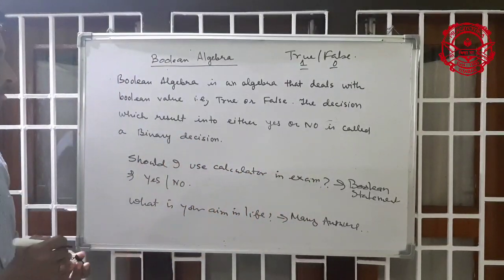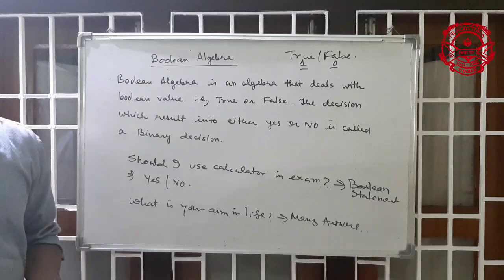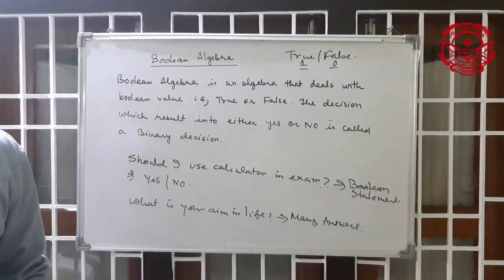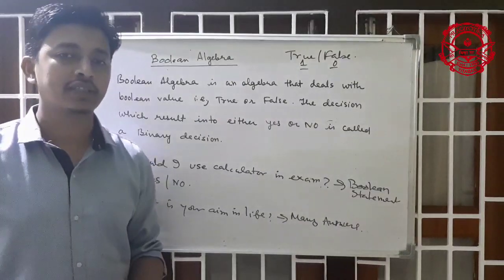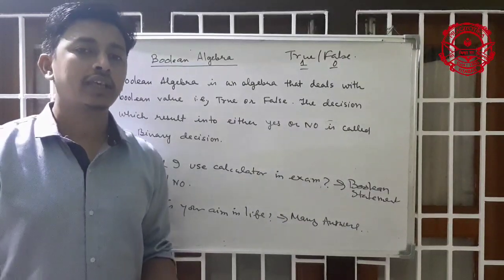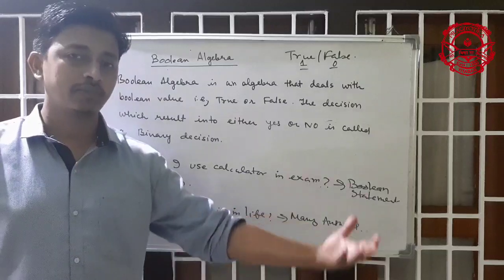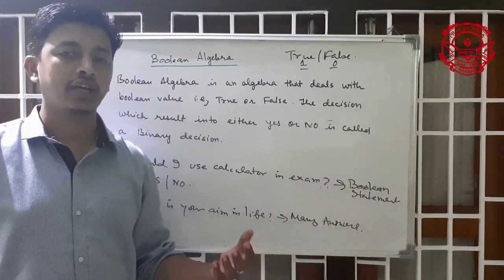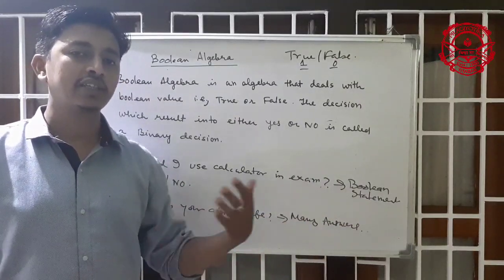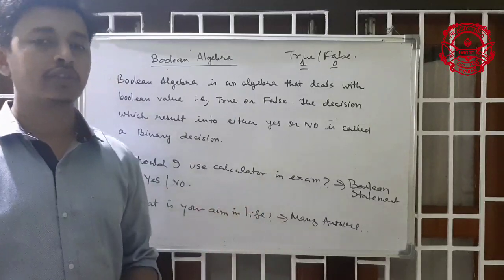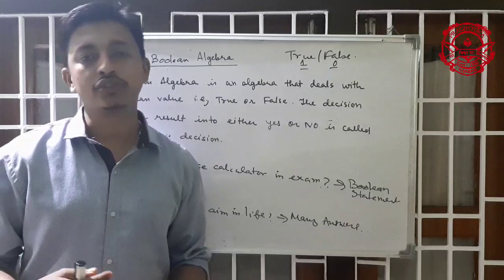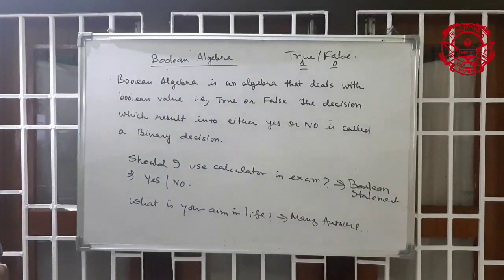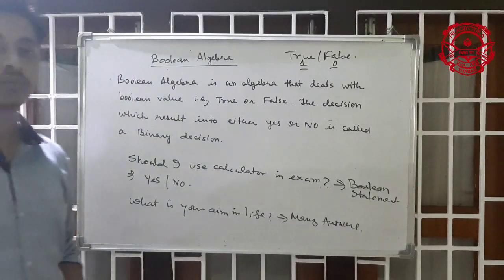Okay, now see, in computer science, Boolean algebra is basically used in computer components. In computer components, say the hard disk, the motherboard, all the chips, they basically know only two values, that is 1 or 0. 0 means false, 1 means true, meaning on and off.